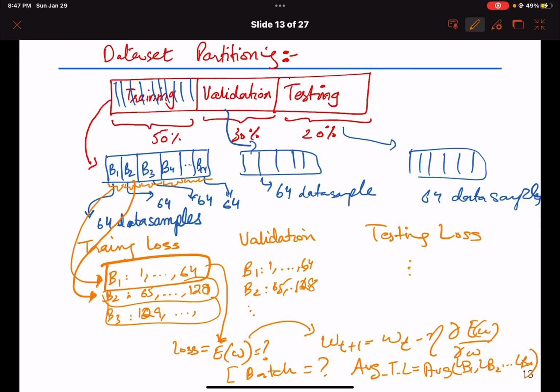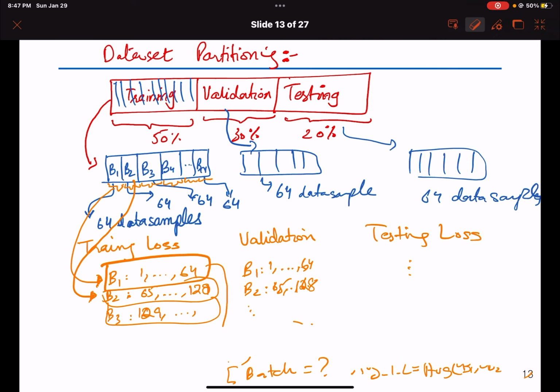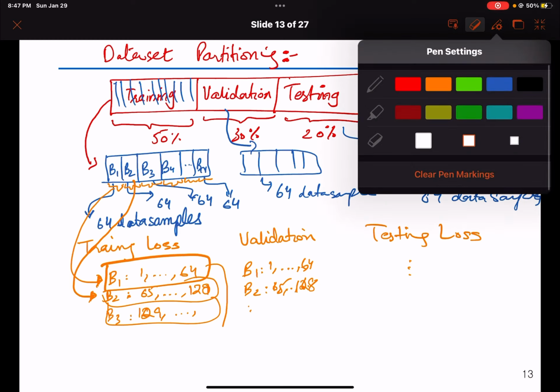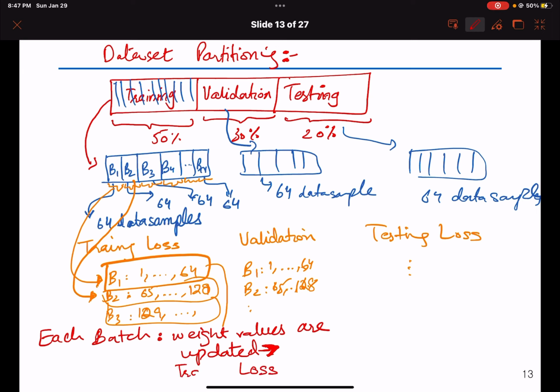Each batch updates your weights. So after each batch, your weight values are updated, and this loss estimation is the training loss. It is estimated per batch.